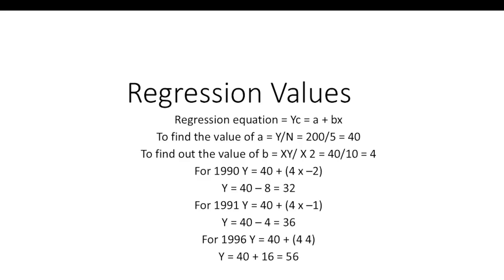It is best used for a stable environment, because the past trends are likely to continue, and it is less effective in volatile or rapidly changing markets. This is all about the statistical method, the trend projection method, and the method used is the least square method. Thank you so much.